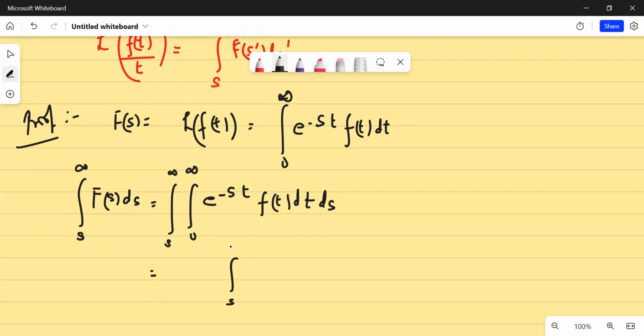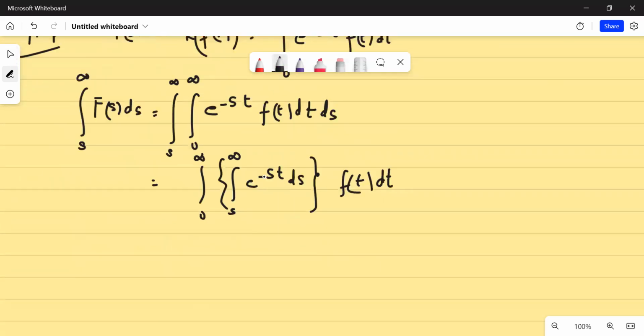So what I'll get, integration from s to infinity, e to the power minus st ds, and then with respect to t from 0 to infinity, f(t) dt. So this is something called change of order of integration. I'm first integrating with respect to s. What would be the integration of e to the power minus st ds?